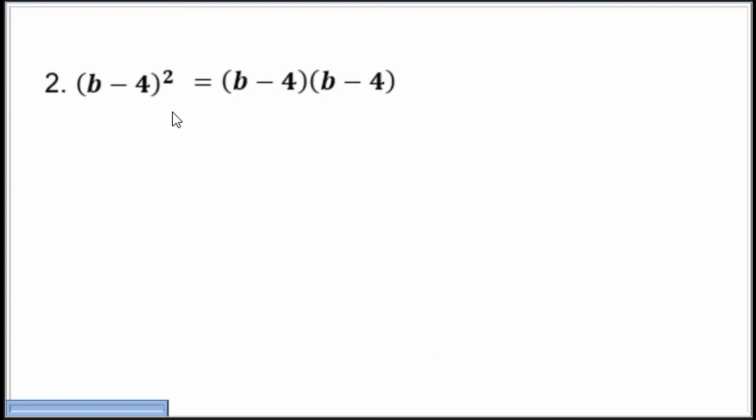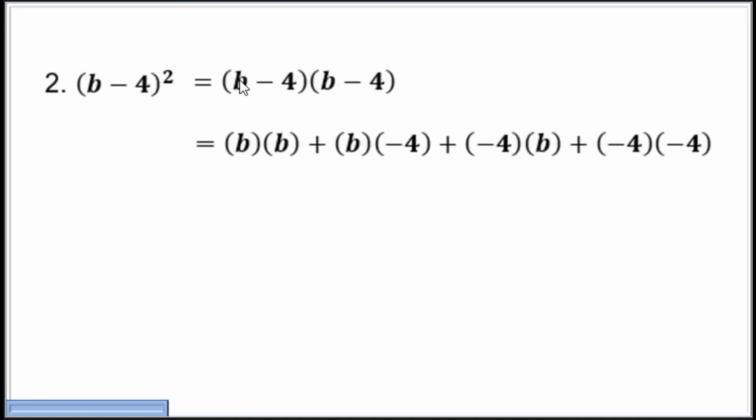Number 2, it is minus here. So we have the quantity b minus 4 squared, so we write the grouping symbol twice. So FOIL method, b times b, so b times b, plus b times negative 4, plus negative 4 times b, plus negative 4 times negative 4.